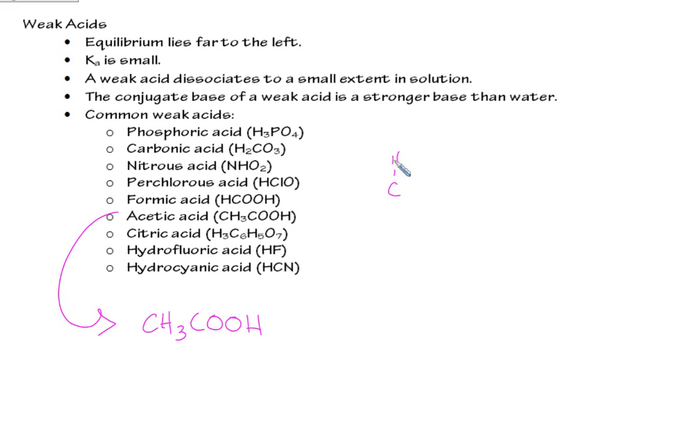You'll have a carbon surrounded by 3 hydrogens. Then there's another carbon with a double bonded oxygen and an OH group, so that's the OOH at the end. This is totally acceptable, it's totally fine. Often you'll see this written as an equilibrium expression with water. And often you don't have to write these equations, they're written for you.